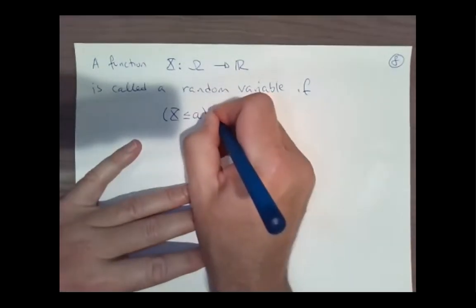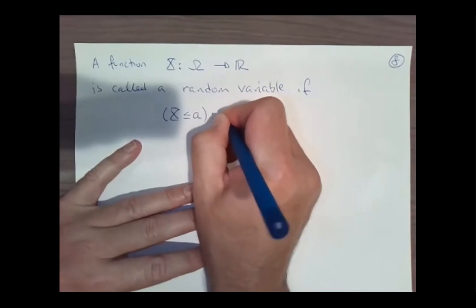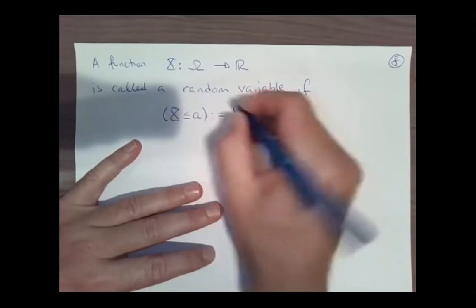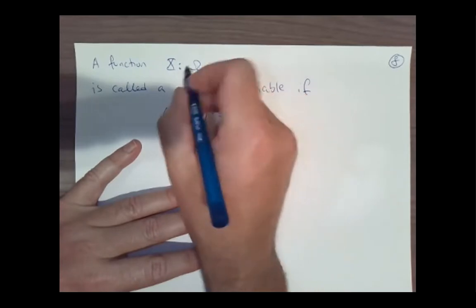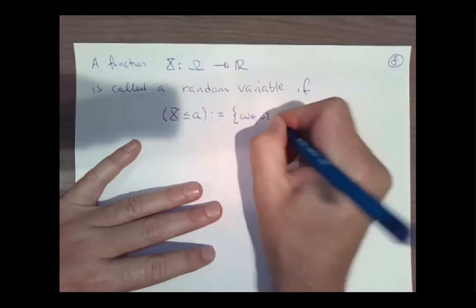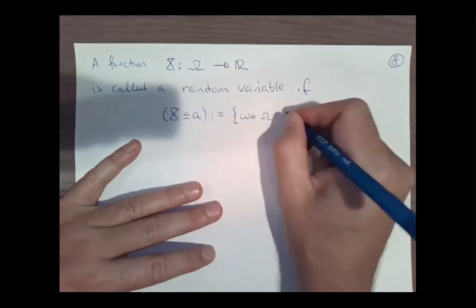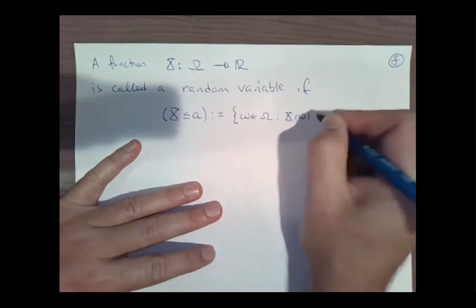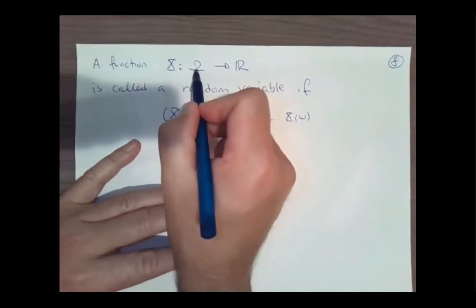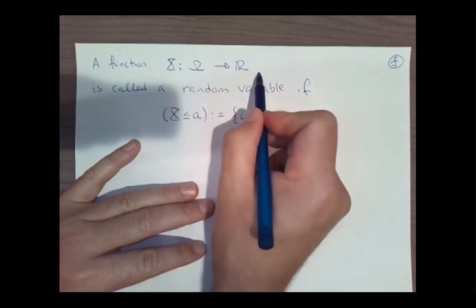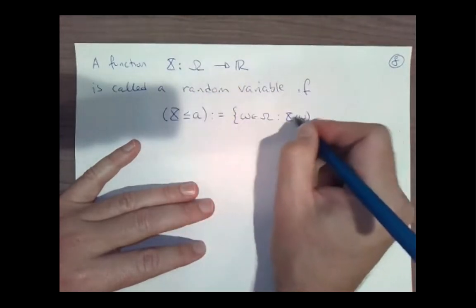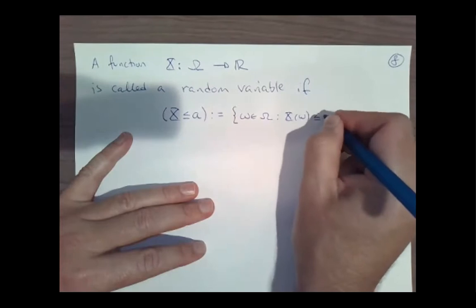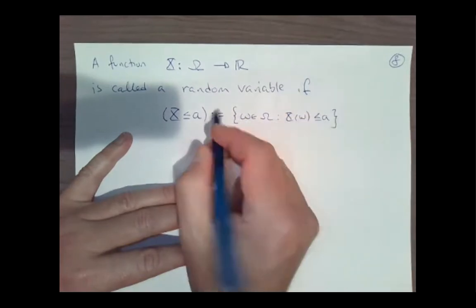This is shorthand notation for those omegas in the domain such that when I plug them into X, I get something in R that is less than or equal to a.